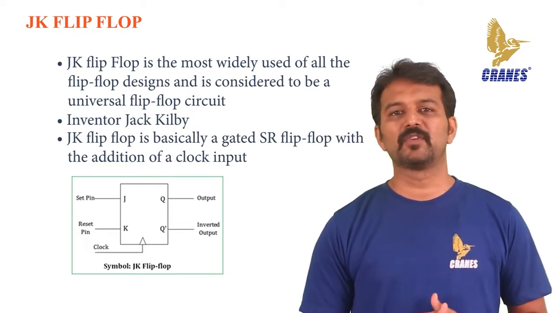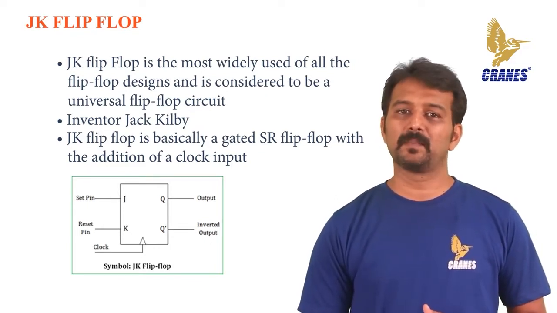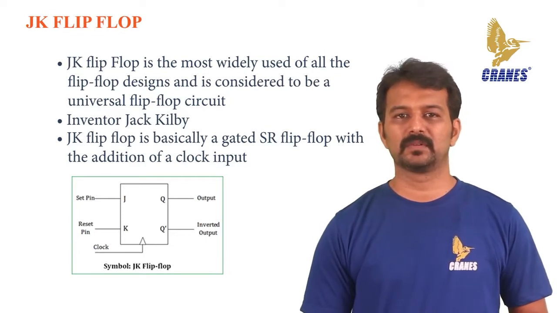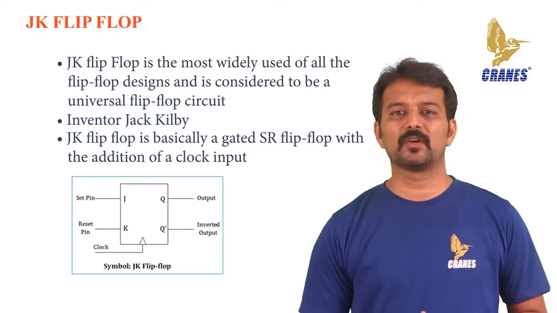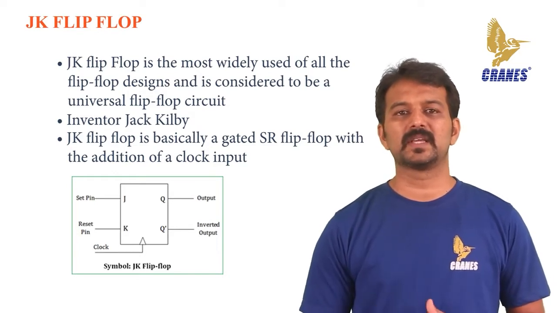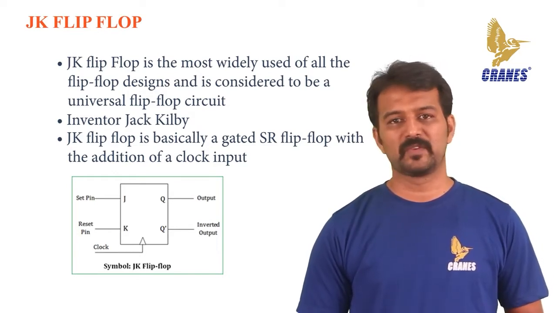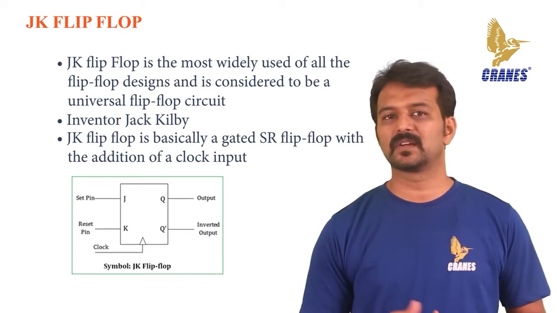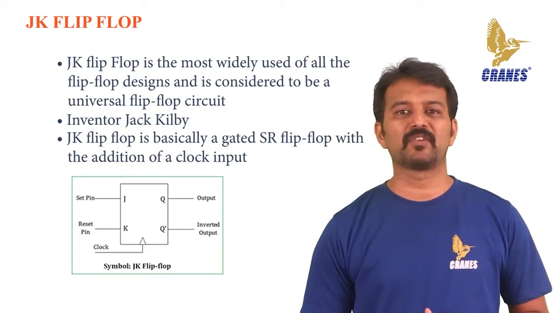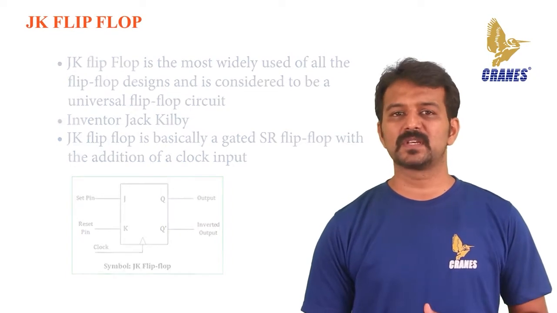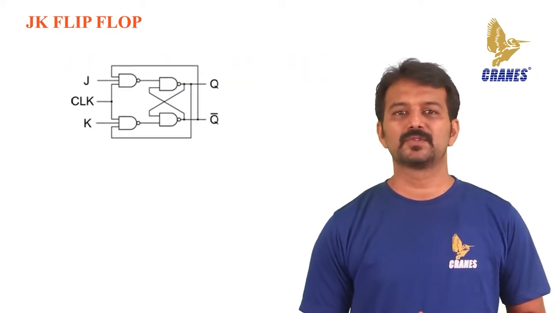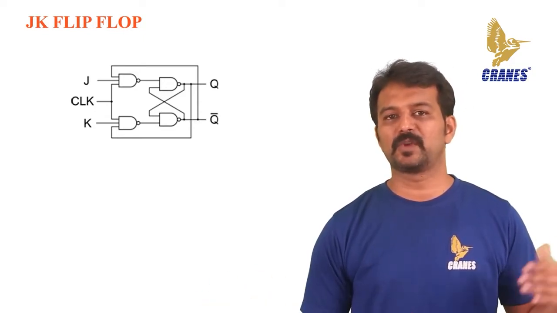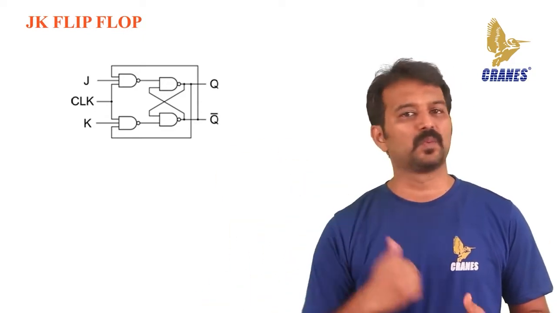The symbol for a JK flip-flop is similar to that of an SR bistable latch except for the addition of a clock input. The behavior of the inputs J and K is the same as the SR inputs of the SR flip-flop. The letter J stands for set and the letter K stands for clear. When both inputs J and K have a high state, the flip-flop switches to the complement state. So, for a value Q equal to 1, it switches to Q equal to 0, and for a value of Q equal to 0, it switches to Q equal to 1.